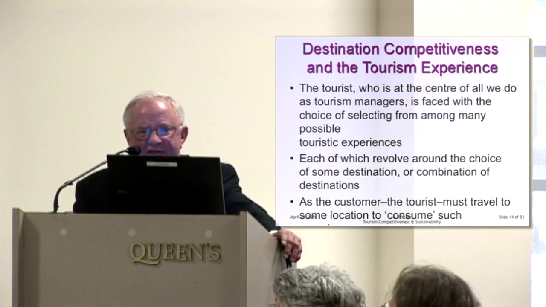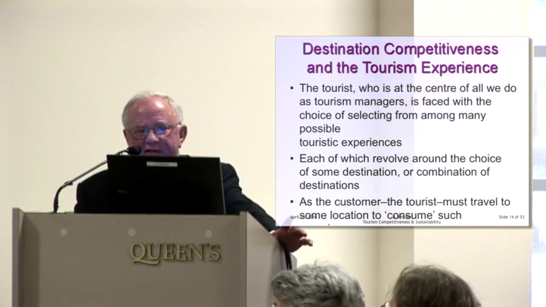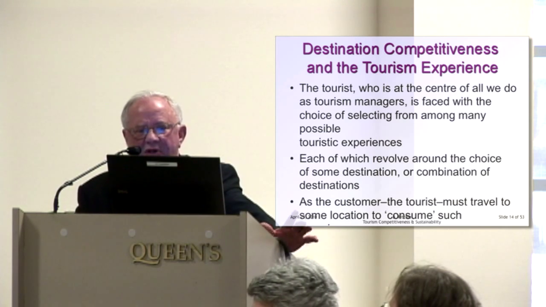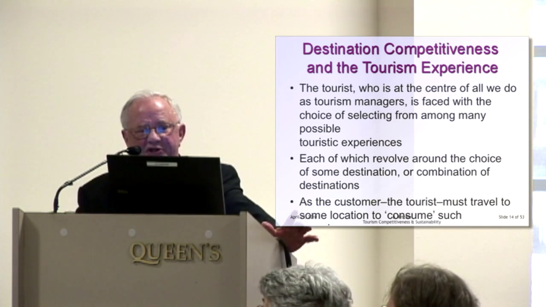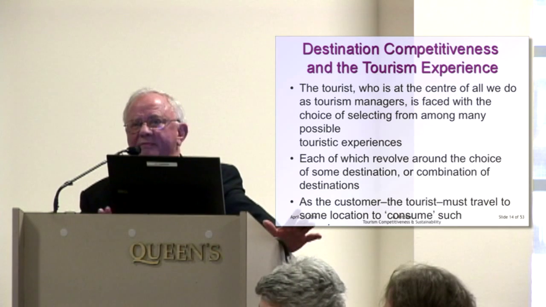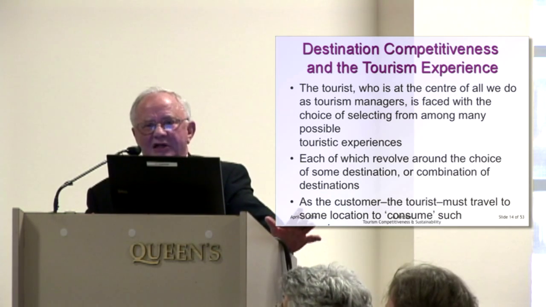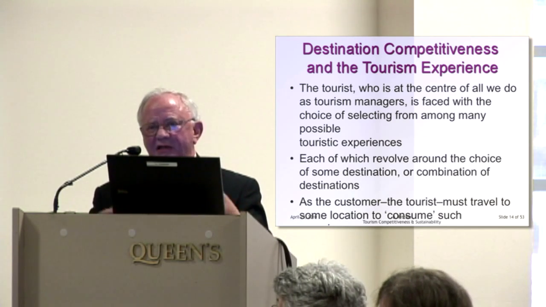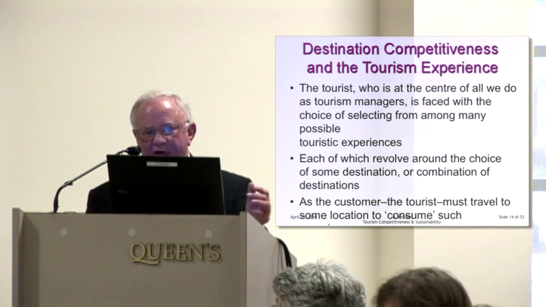Now let's talk about destination competitiveness and come back to the fact that the tourist is at the center of all we do as tourism managers. The tourist is faced with the choice of selecting from many, many possible touristic experiences. As you're all very aware, the number of possibilities keeps expanding day by day, year by year.